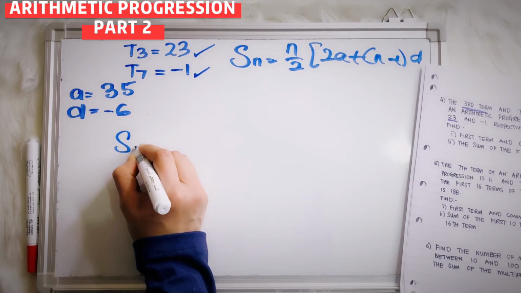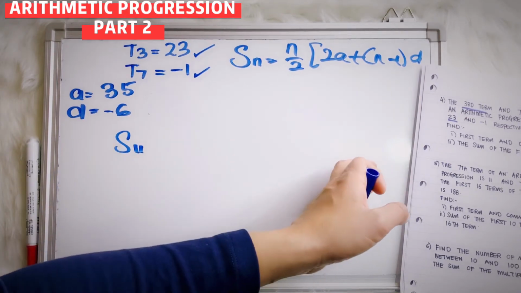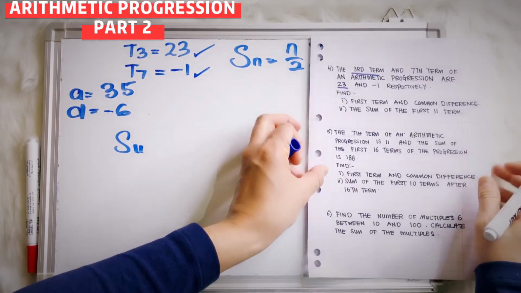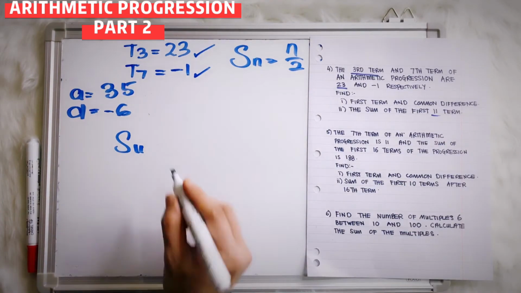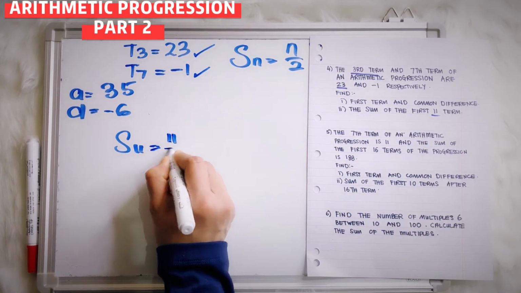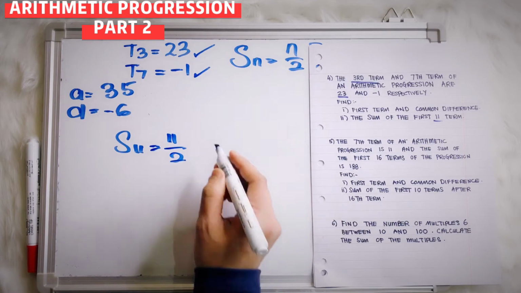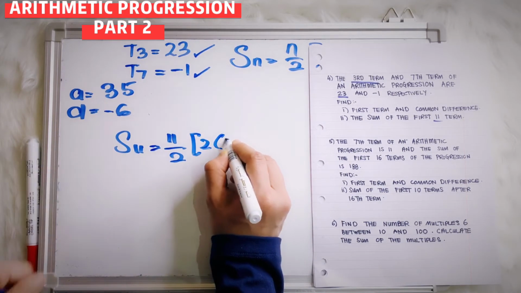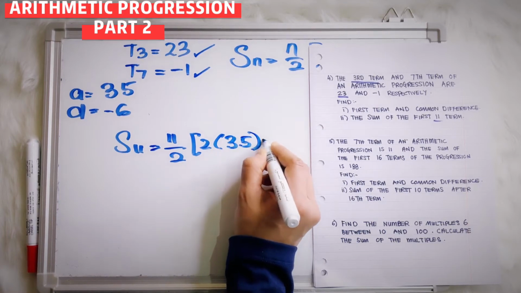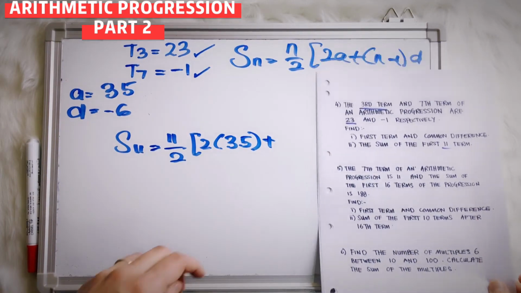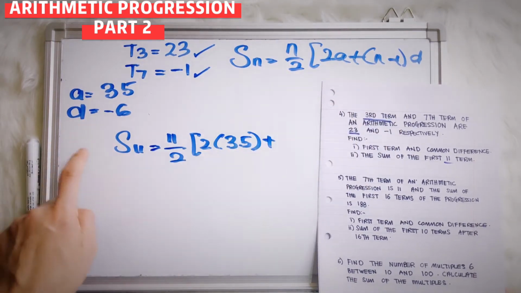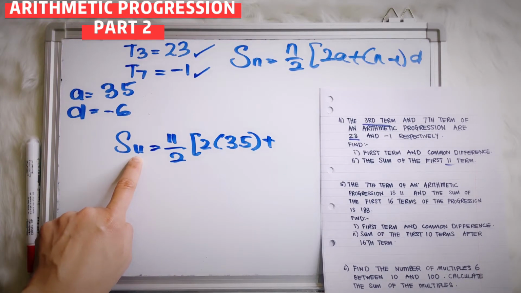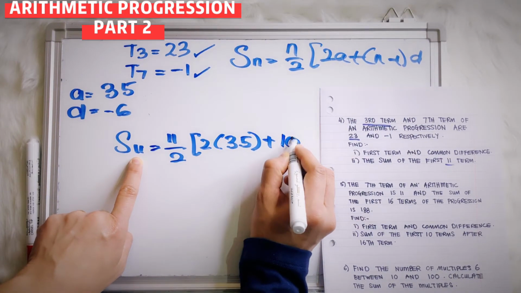So we want to find S11, equals 11 over 2 times (2 times our A is 35, plus, remember here, our n is 11, 11 minus 1 is 10, what is our D?